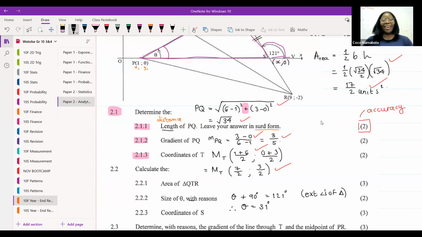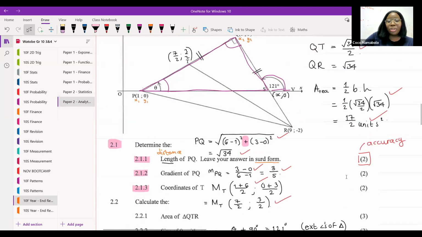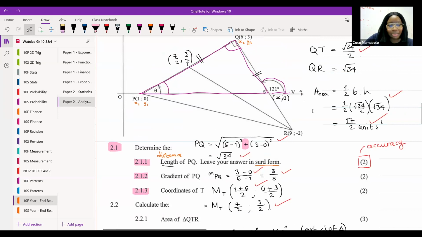Excellent work. All right, let's talk about 2.2.3, everybody. It says here the coordinates of S. No, Ritsepile, your answer is not incorrect. You can still get it 100%. No, Isayam, because we use the exterior angle, it must be exterior angle of a triangle.